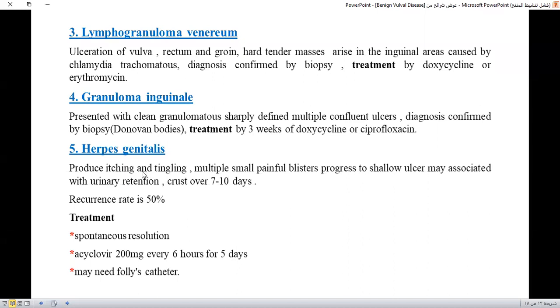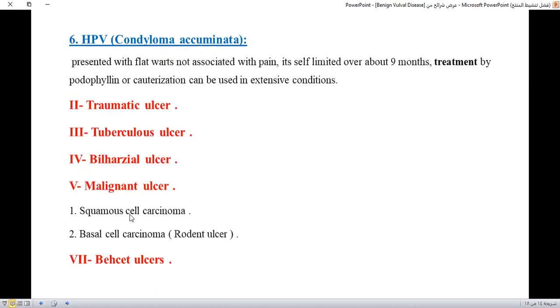Herpes genitalis: itching, tingling. Blisters progress to ulcer, may be associated with urinary retention, crust over 7 to 10 days. Recurrent rate is 50%. Treatment either spontaneous resolution or acyclovir, maybe needs Foley's catheter.